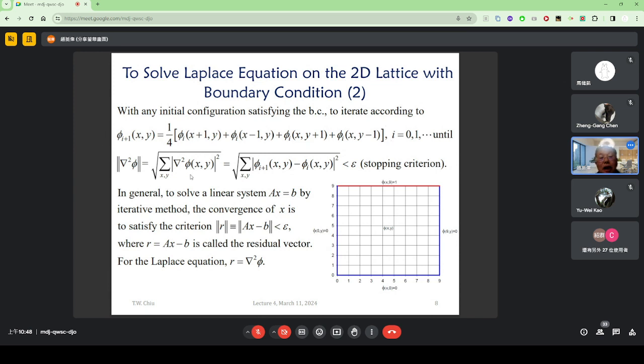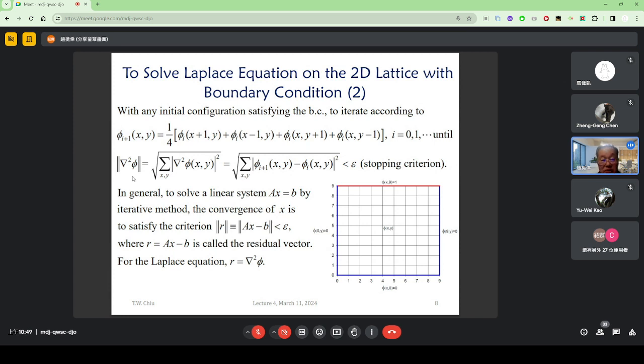So I can compute the norm of the error. This is the norm of the Laplacian phi, because I want this to be 0, but actually it could not be exactly 0 because we are using numbers, and numbers always have a limited numerical precision.